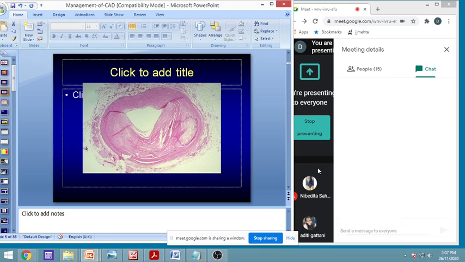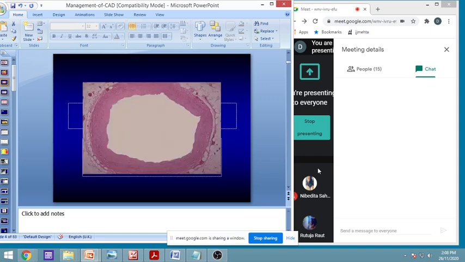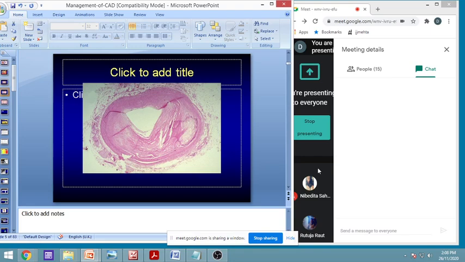Now in MI or in angina, in both cases atherosclerosis is the main culprit in most of the cases, because in some cases there can be other reasons also. You can see the difference in the lumen size. This is the lumen size and this is the lumen size with atherosclerosis.